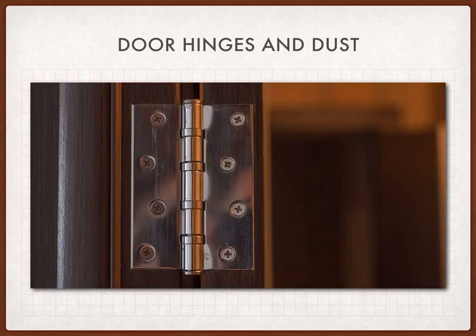Guys, these are hinges, door hinges, and we must have sometimes seen that there is some dust on these hinges, and that dust prevents the proper movement of the metal parts of the hinges.